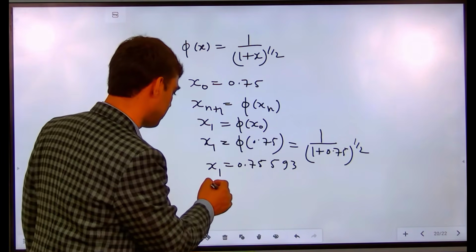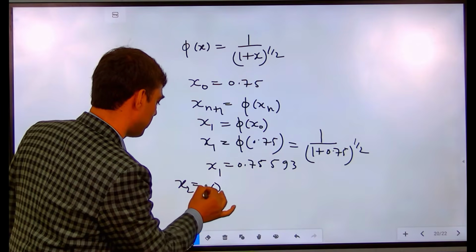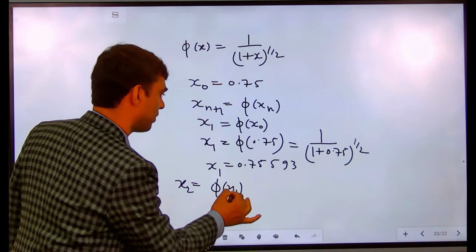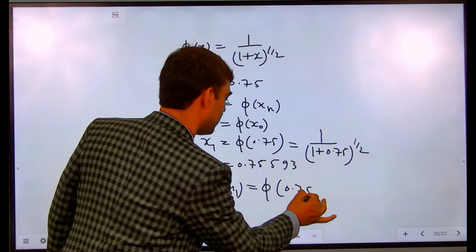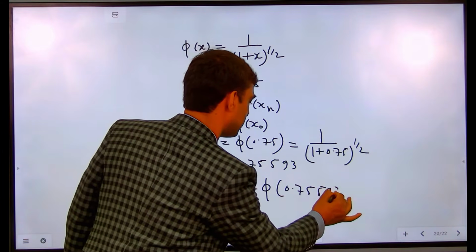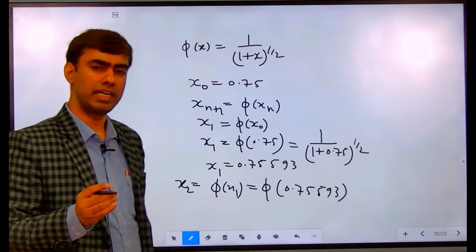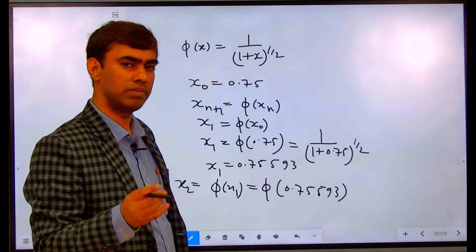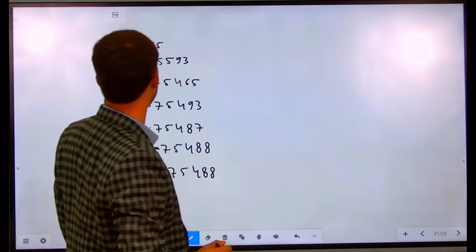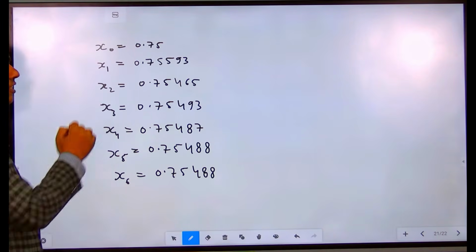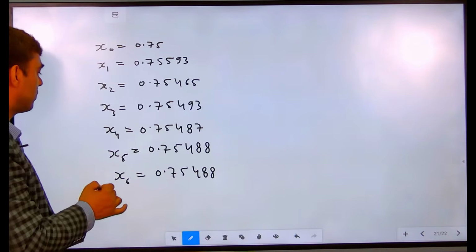It's a very easy task. x2 equals phi x1, that is phi 0.75593. We already calculated the values of x1, x2, x3, x4, x5 and x6, and in order to save time, here we noted down the values of x0, x1, x2, x3, x4, x5 and x6.